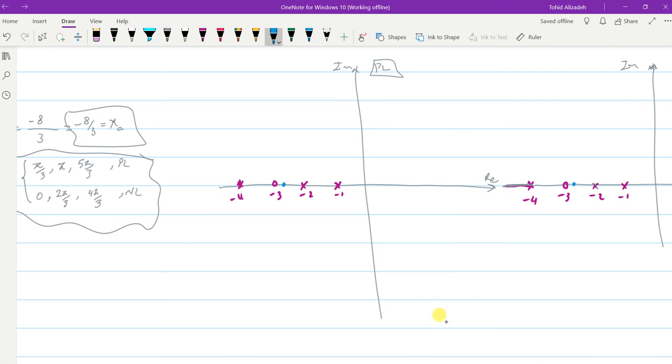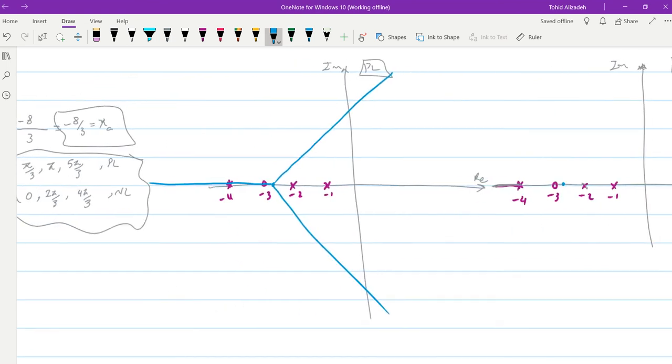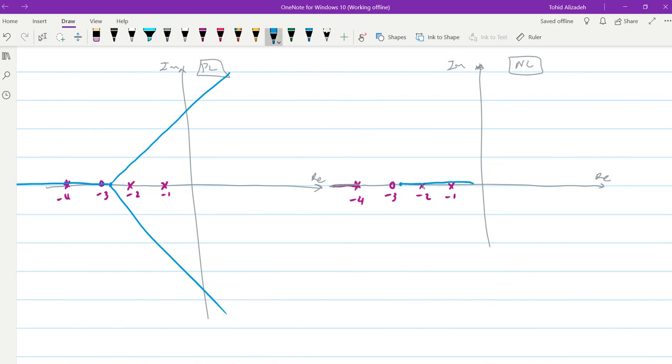So these will be the asymptotes for the positive locus, and for the negative locus we'll have 0, 2 pi over 3, and 4 pi over 3.